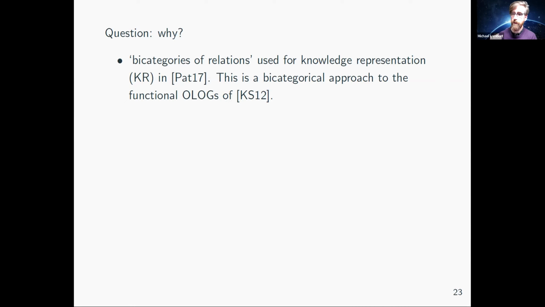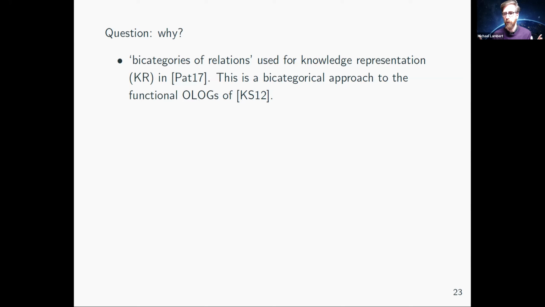So bicategories of relations have been used in knowledge representation. Evan Patterson wrote a paper back in 2017 using bicategories of relations for this notion of a relational olog. Ologs are these things called ontology logs, which are ways of representing how concepts and attributes and facts about them relate to each other.